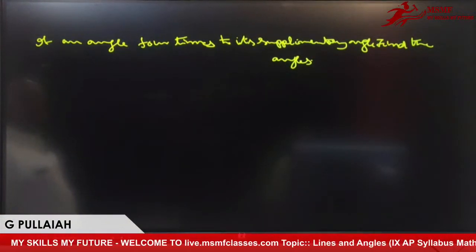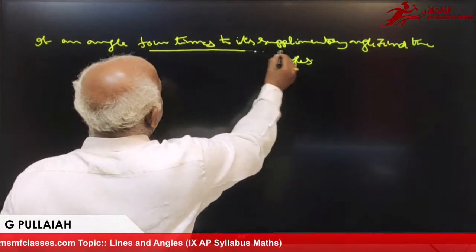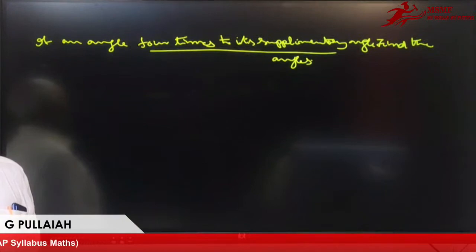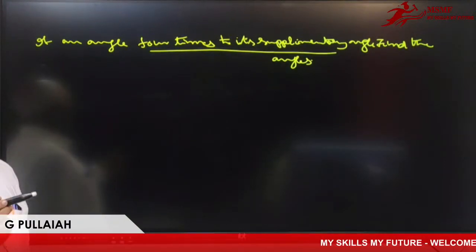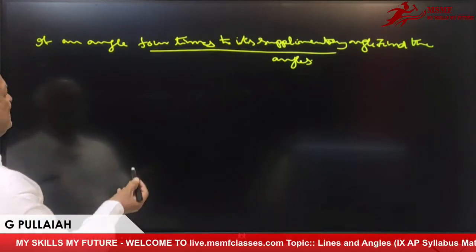Think about the question very carefully. If an angle is 4 times its supplementary angle, here two angles are there. One angle is 4 times its supplementary angle. I mean, one is the smaller angle and another is the bigger angle. Let the smaller angle be x.